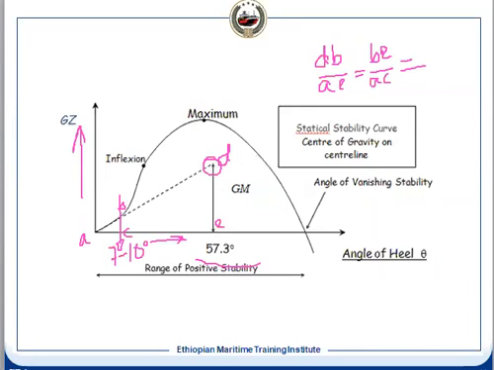So DE divided by 1 radian. We have taken 1 radian is equal to this one. It means we have DB. What is DB?